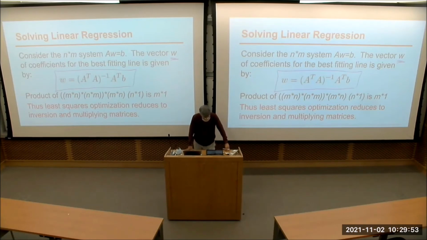Suppose we have n points in m dimensions, and a target vector b containing the y values, what we're trying to predict. We would like to figure out the coefficient vector w such that the points times the coefficients best fit the targets.